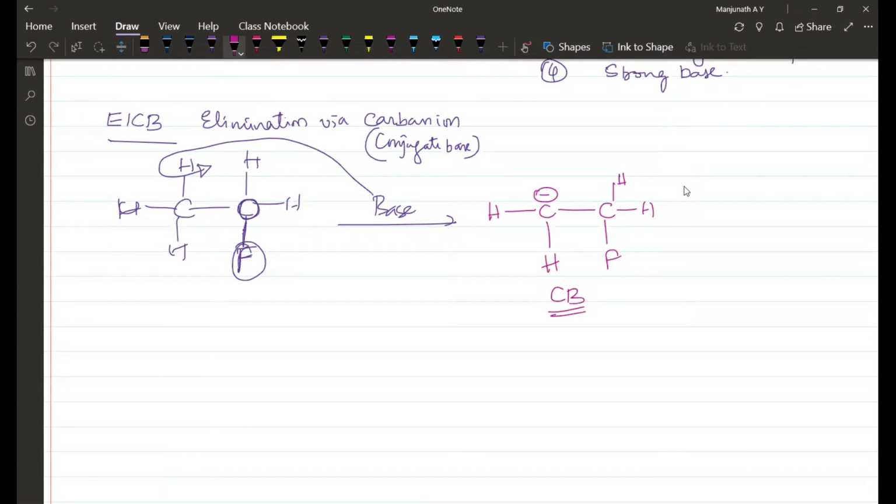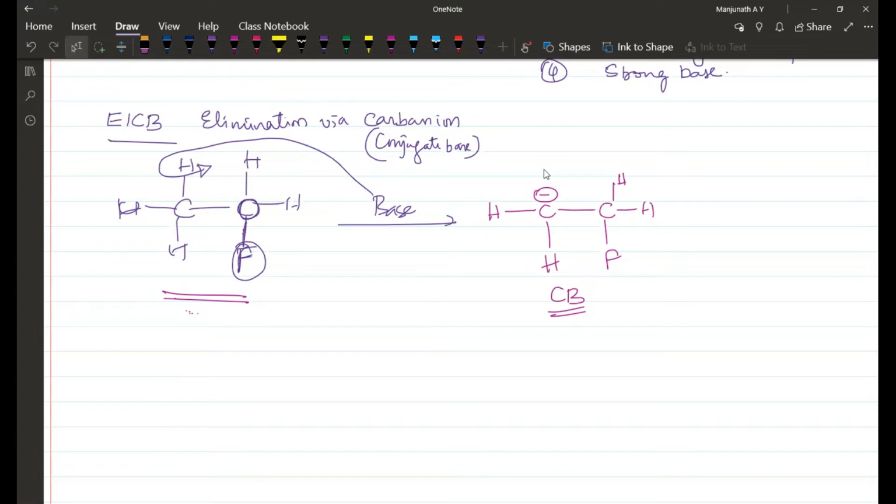This is called conjugate base because its native form, the original compound, has lost a proton here. So this compound has acted as an acid. This is called the conjugate base. Understood? But this can also be called a carbanion.